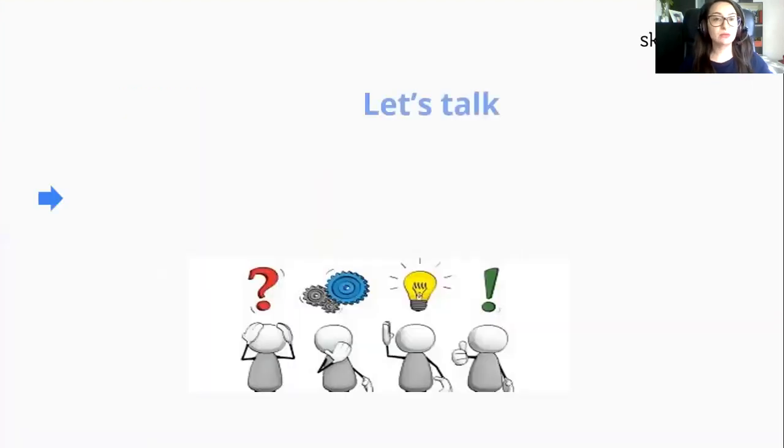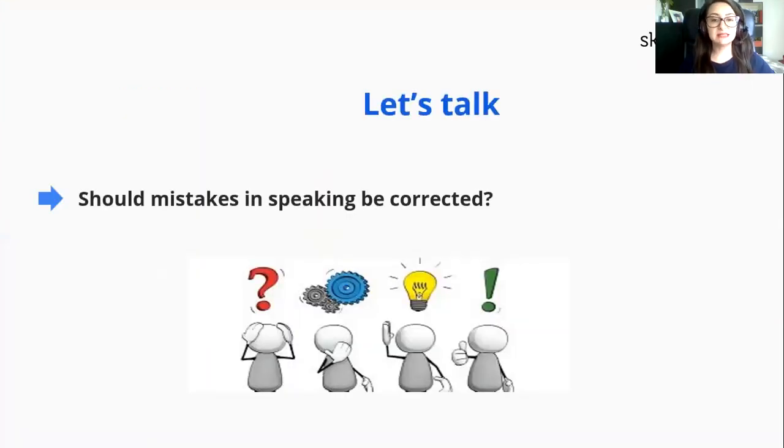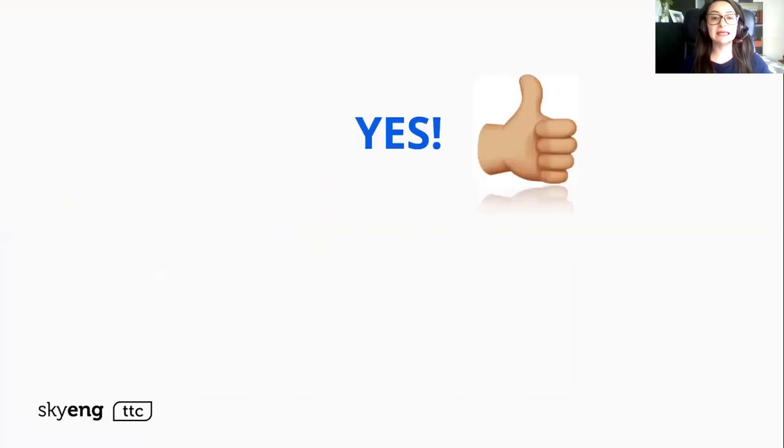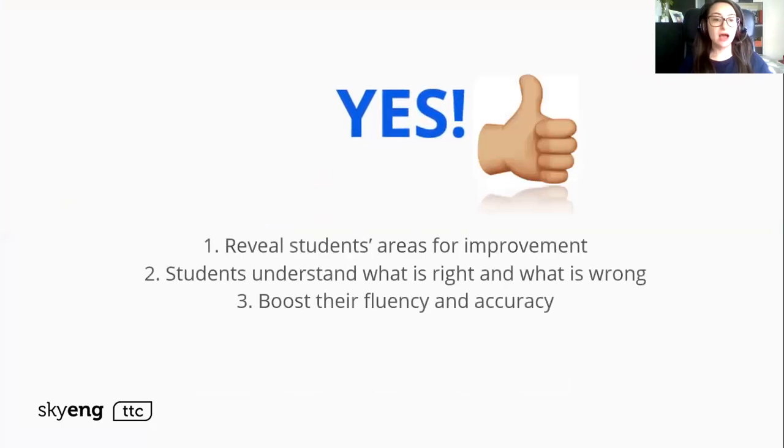So let's start with a question. Should mistakes in speaking be corrected? What do you think? I think all of us would agree that yes, mistakes in speaking should be corrected. Mistakes are a vital part of the learning process in a way that they do not only show our students areas for improvement, but with correction, we actually let students understand what is right and what is wrong.